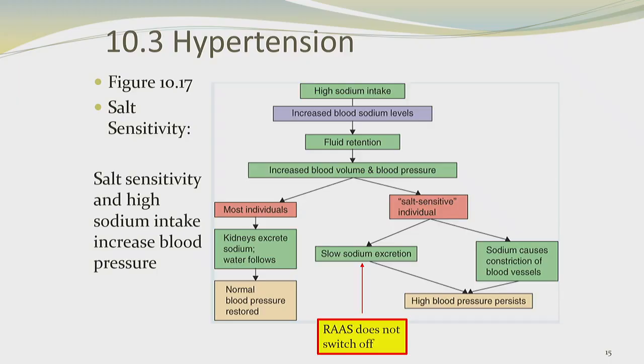So in the presence of a high sodium intake, there's initially an increase in blood sodium levels. And with that, fluid retention, which results in an increase in blood volume and blood pressure. And so in most individuals, or in healthy individuals, the kidneys respond by excreting sodium. The water follows, and then a normal blood pressure is restored as blood volume decreases.